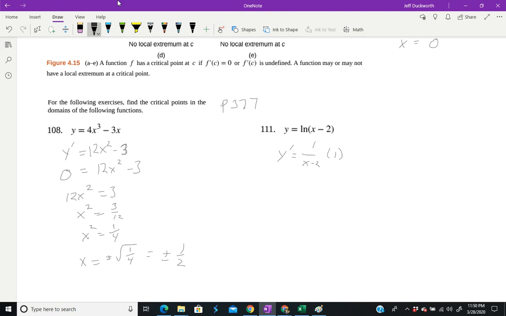The only way to have a fraction equal to 0 is if the numerator is equal to 0, and this doesn't have that. But we can find where it's undefined. So y prime, or I guess f prime, is undefined at x equals 2, right? Since 1 over 2 minus 2 equals 1 over 0, which is undefined.